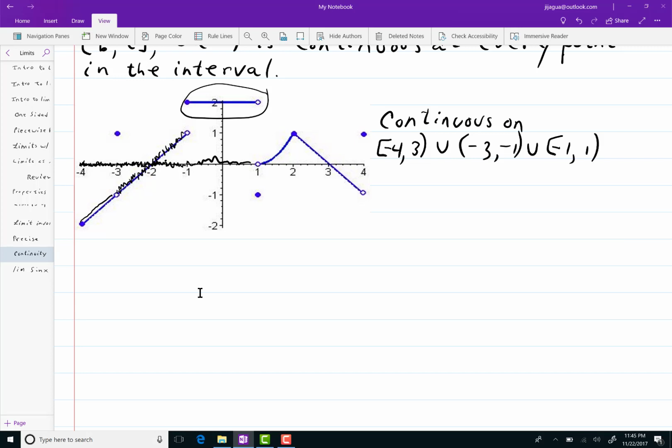Then the next piece that I have is this one right here, and that goes from negative 1 to 2, not including 1, but including 2. So I'll continue my union. We have 1 to 2. Actually, that 2 fooled me. Let me get rid of it.